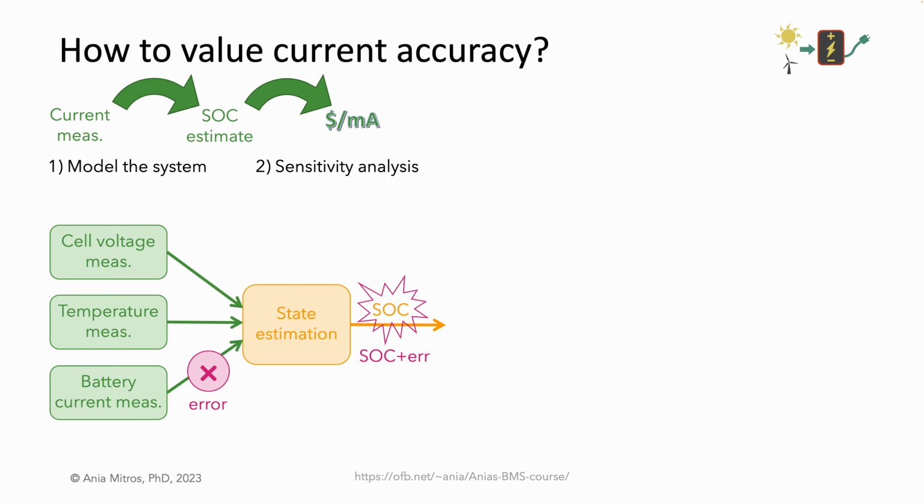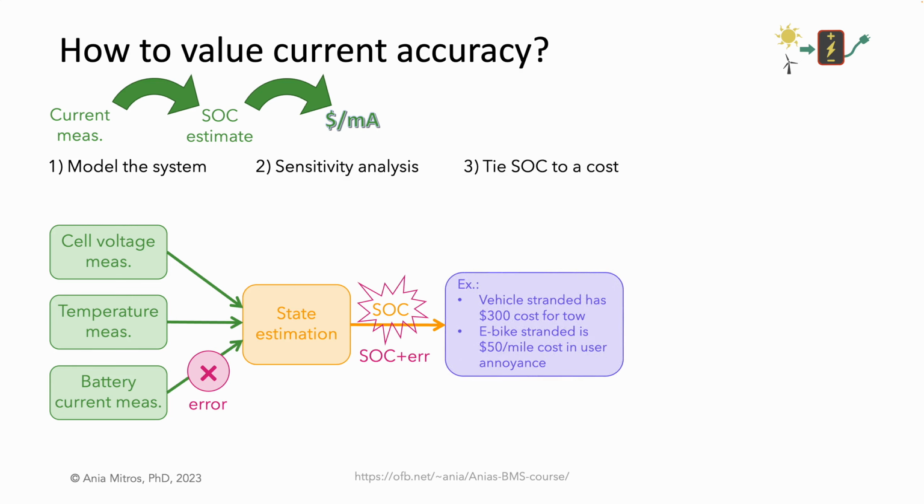To put that in terms of dollars, we must tie that estimation error to something with value. Perhaps the average cost to tow a stranded car is $300. Or perhaps the assigned value is not entirely rigorous. For example, we might assume that every mile spent pedaling carries some cost, and a company executive might assign a dollar amount to user annoyance.